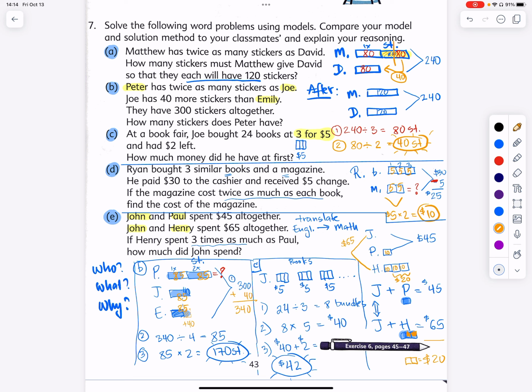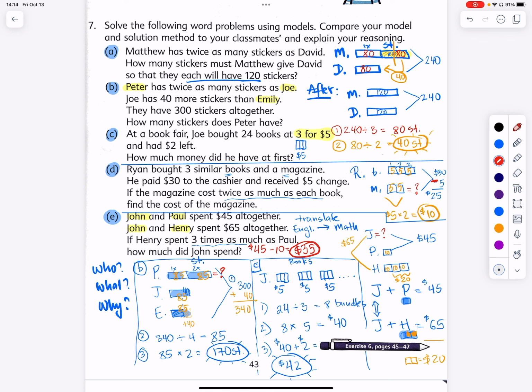Whoa, now it is such an easy problem. What is the problem asking us? How much did John spend? Well, if we know now Paul spent 10 and together John and Paul is 45, we can say $45 minus 10, John spent $35.